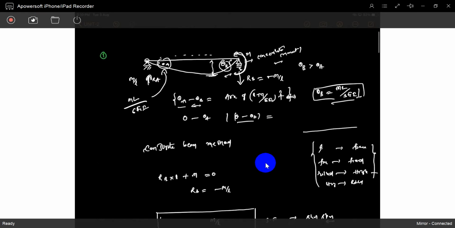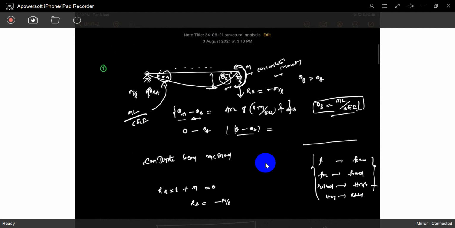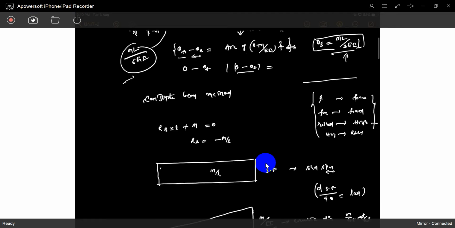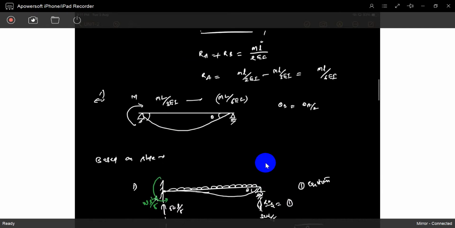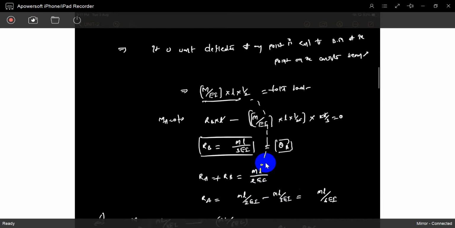In this, if both ends are hinged and a moment is applied, theta B is ML by 3EI and theta A is ML by 6EI. You already know it; we calculated ML by 3EI and ML by 6EI.